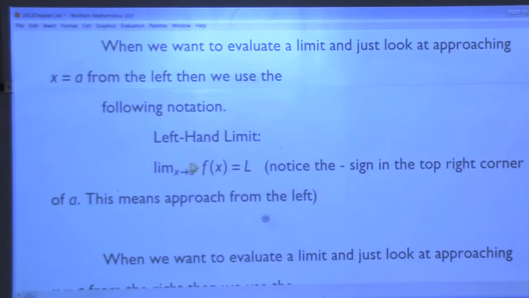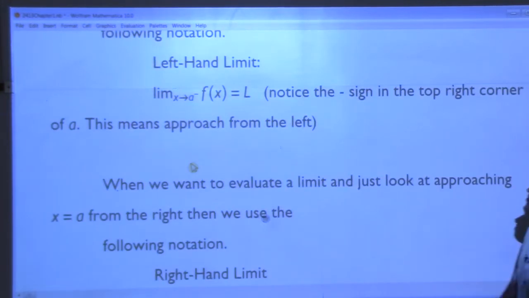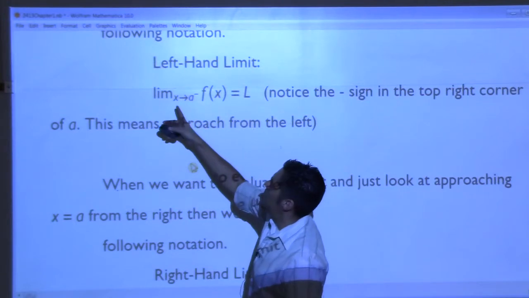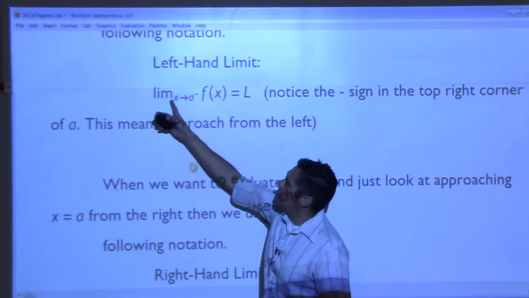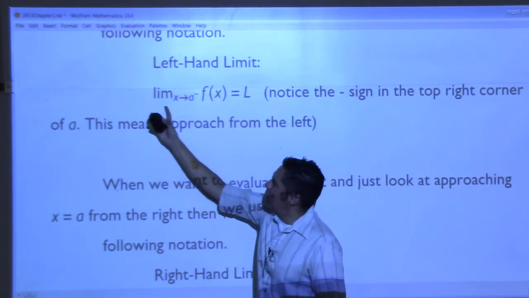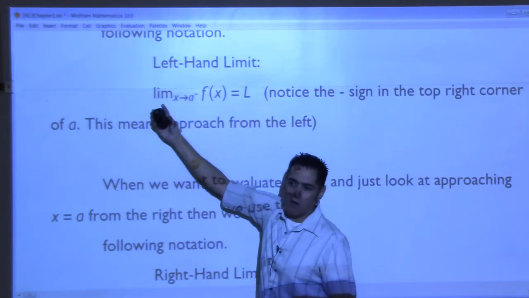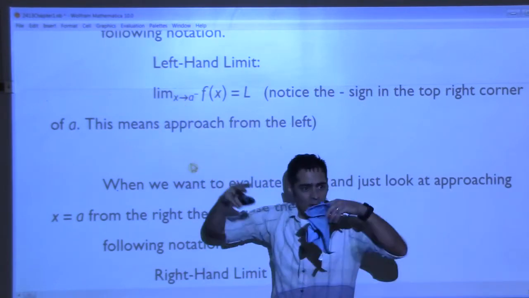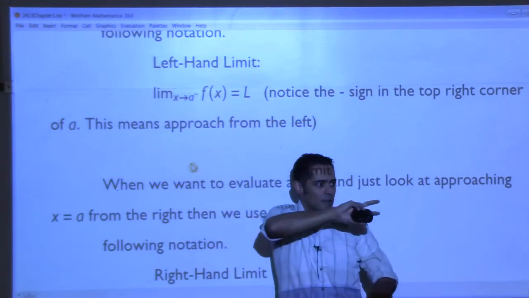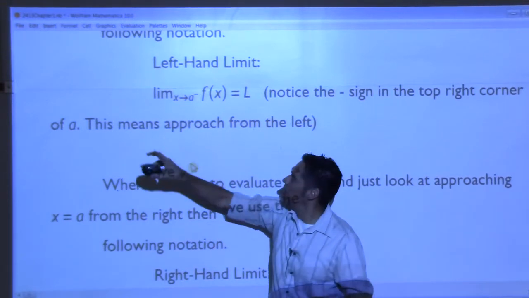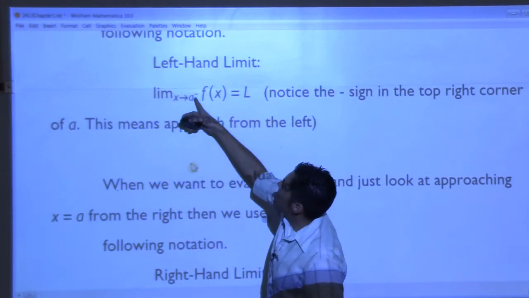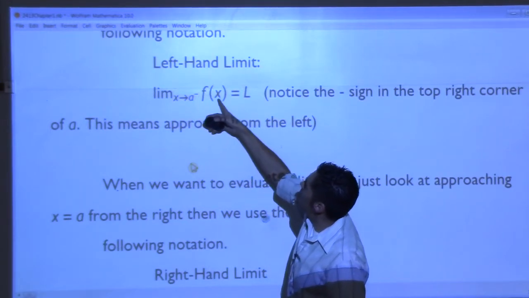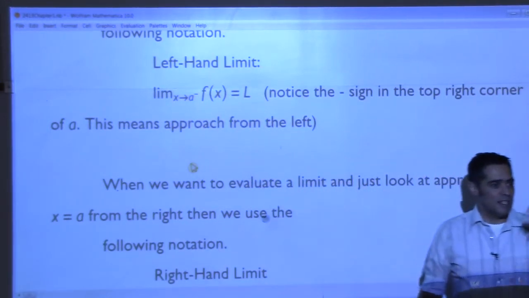And then the notation. Here was the notation. Lim. Now, for some reason, when I typed this into this system, it didn't put this below the limit. Normally it's put below, but you can put it to the side also, just as long as it's subscripted and not written all along in one line. So limit as x approaches a, negative sign means from the left, of the function equals L. L is the answer, okay?